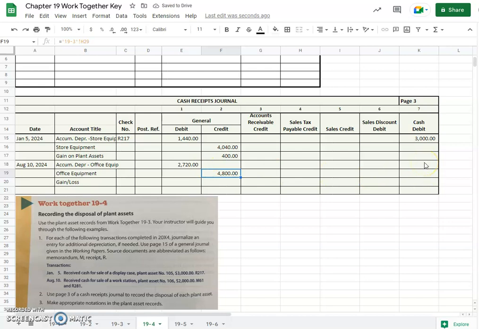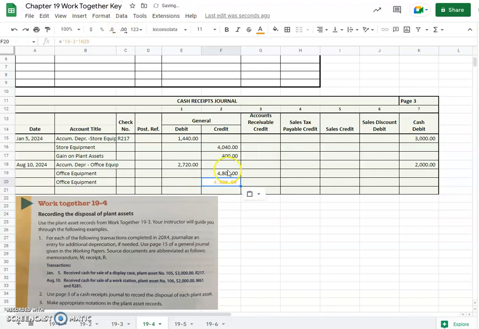And the cash we received, according to this, was $2,000. So what we can see now is that 2,000 plus 2,720 is not going to be more than 4,800, right? It's going to be 4,720. So there is going to be a loss. Since a loss is going to be a debit, it should be listed first. So let's move office equipment down one, because that's going to be your lone credit.